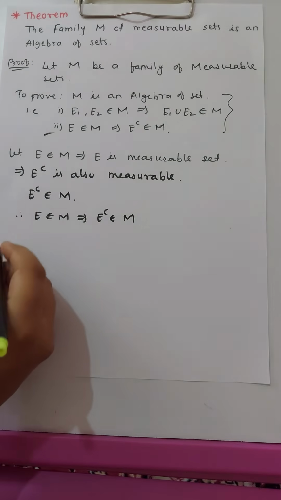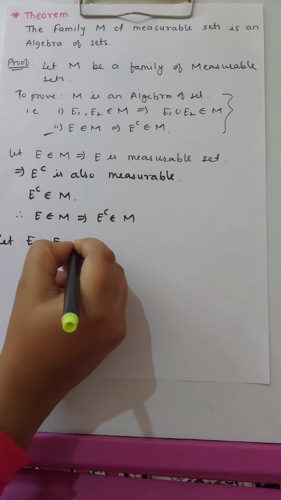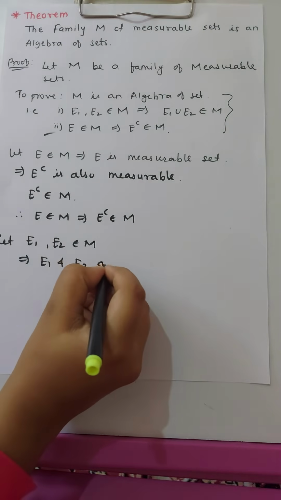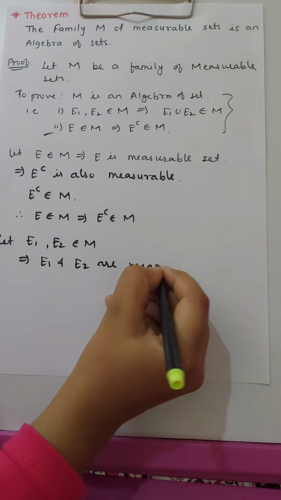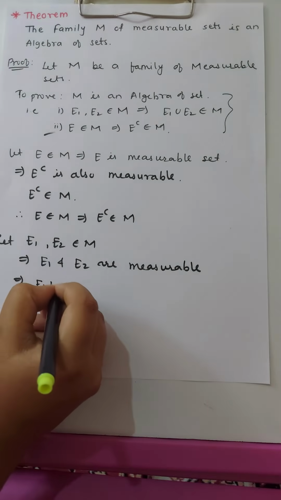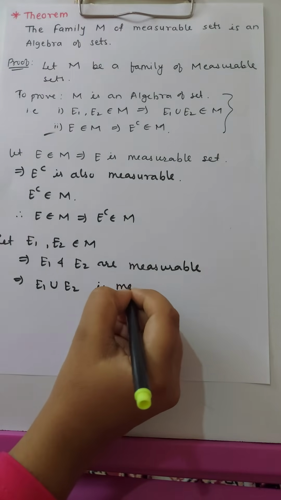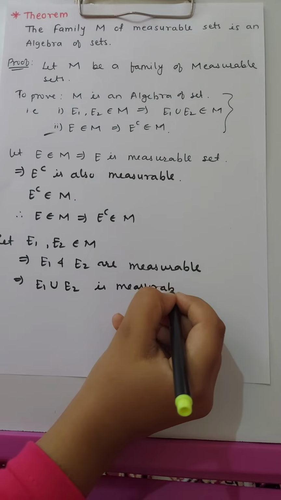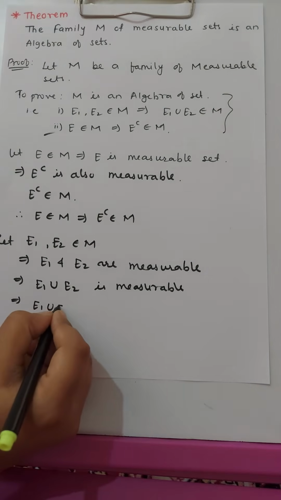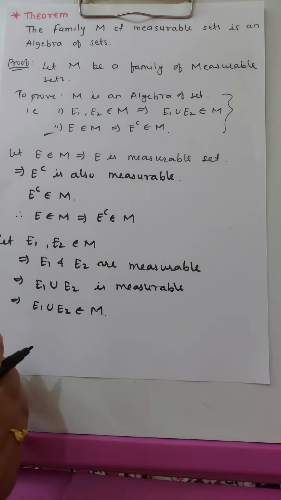Now for the first one, let E1, E2 belong to M. This implies that E1 and E2 are measurable. And also the union of two measurable sets is measurable. Therefore E1 union E2 is measurable. Now since E1 union E2 is measurable, it implies that E1 union E2 belongs to M, that is, the family of measurable sets.